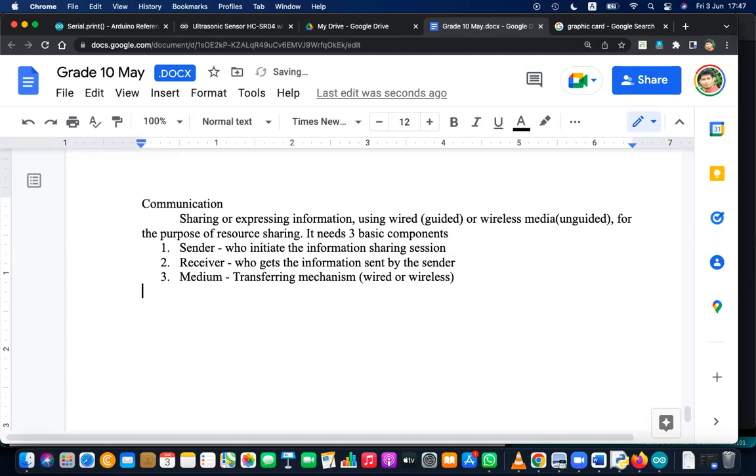Okay. Computers use computer networks for communication.